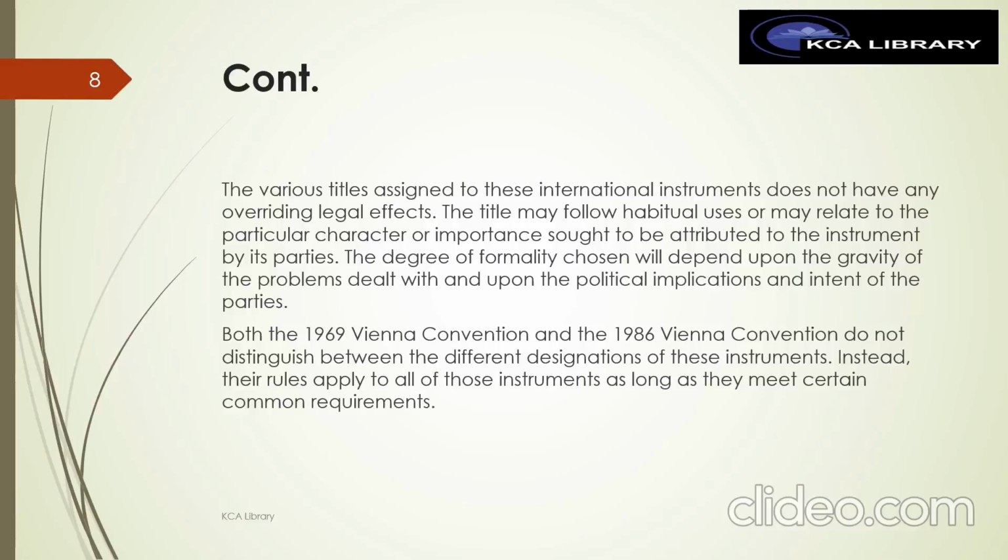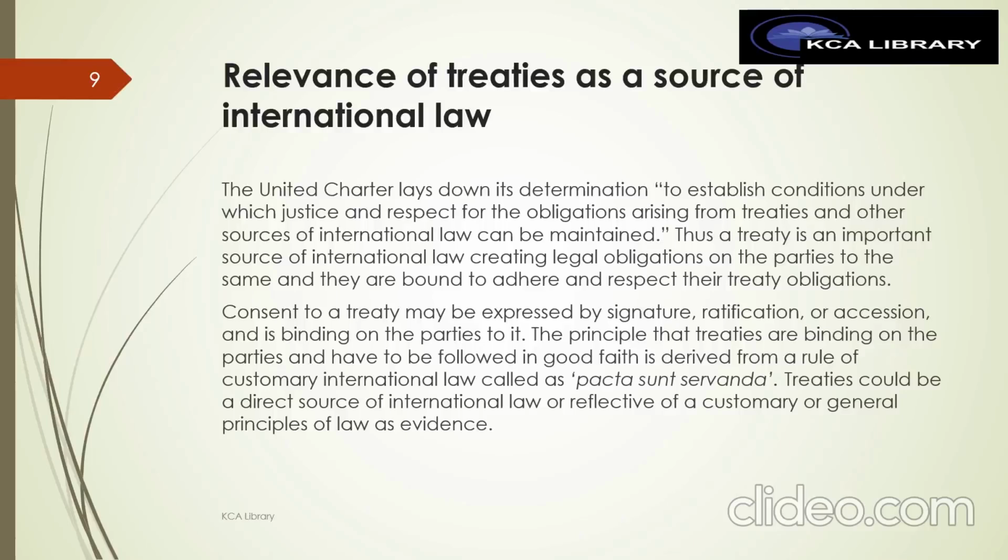So, for example, both the 1969 Vienna Convention and the 1986 Vienna Convention do not distinguish between the different designations of these instruments, but instead their rules apply to all those instruments as long as they meet certain common requirements.